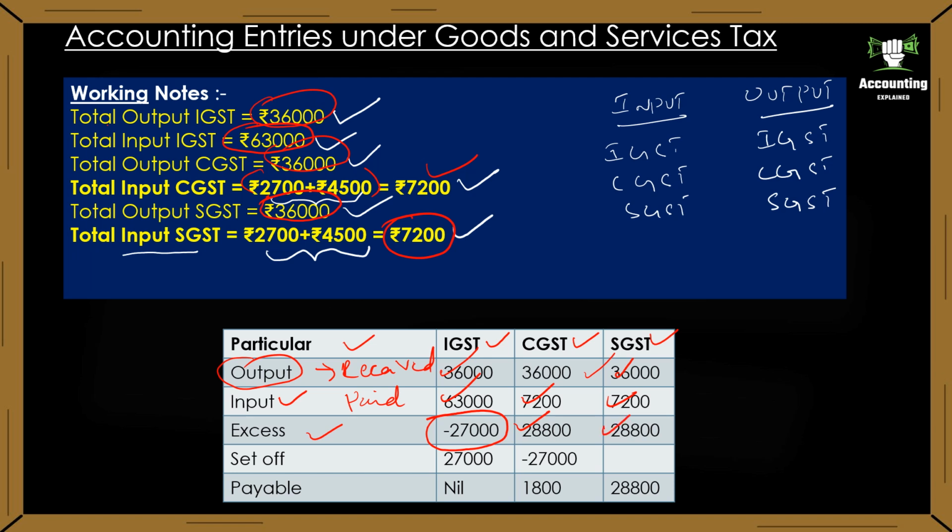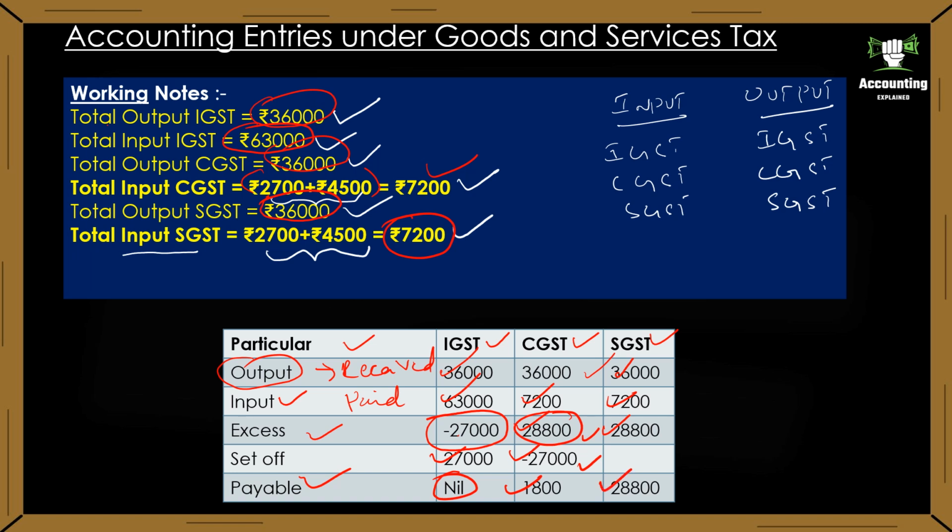This negative 27,000 can be set off against the 28,800 CGST which we are going to pay. So we are setting this off by adding 27,000 here and deducting 27,000 from CGST. Payable amount for IGST is nil and CGST is 28,800 minus 27,000, it is 1,800.